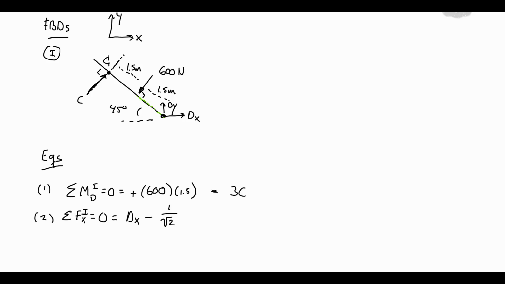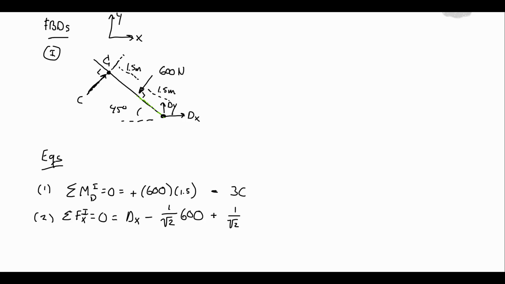It's fine mixing a radical in the denominator since we're going to get the decimal equivalent anyway in the end. So 1 over root 2, that is the sine or the cosine of 45 degrees, but I'll just write it this way. So that's going to be pointing to the left, plus C is also making a 45-degree angle.